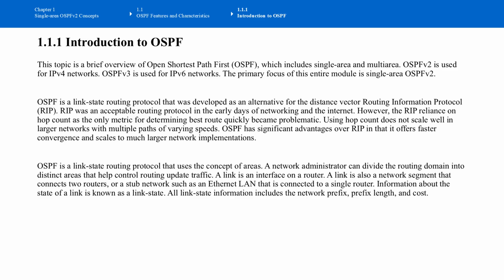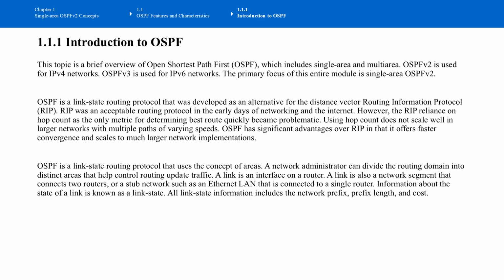Using hop count does not scale well in larger networks with multiple paths of varying speeds. OSPF has significant advantages over RIP in that it offers faster convergence and scales to much larger network implementations.